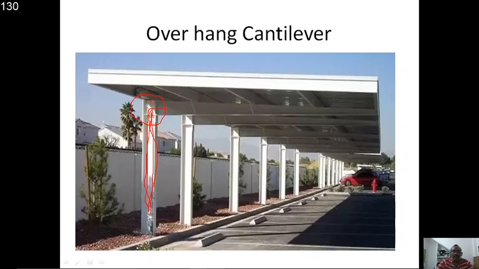So it is not only fixed by itself here, but it also has the continuity. Hence it is taken as an overhang, and being fixed on one side, we generally call it a cantilever. But this fixity has continuity, hence we are calling it an overhang cantilever.